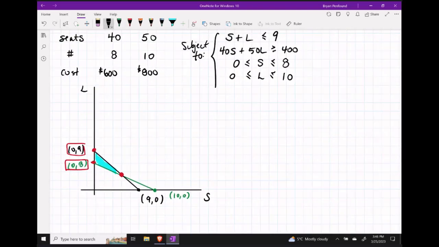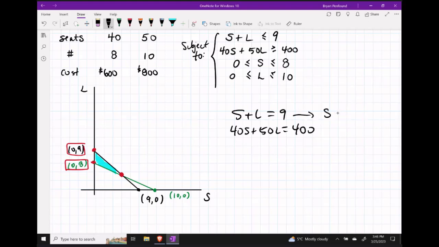This should be at the intersection of S plus L equal to 9 and 40S plus 50L equal to 400. Here it's probably easiest to use substitution. Let's go ahead and solve for S in our first equation.